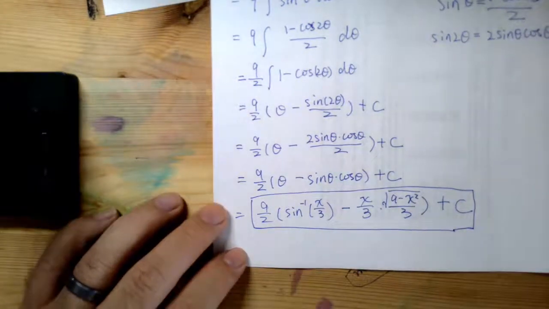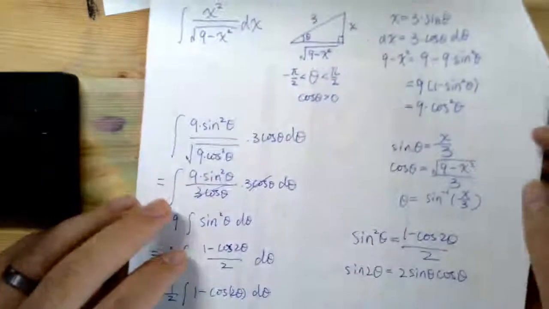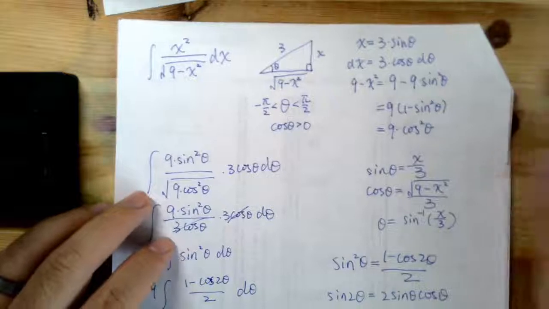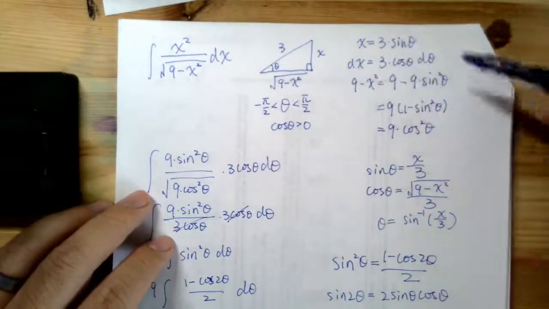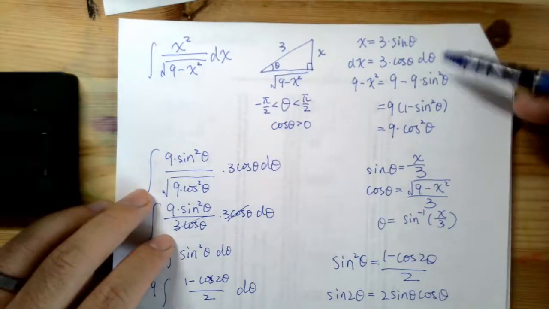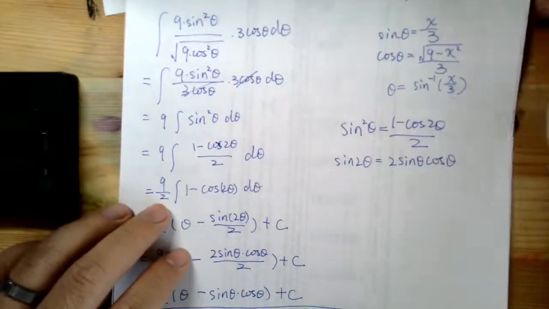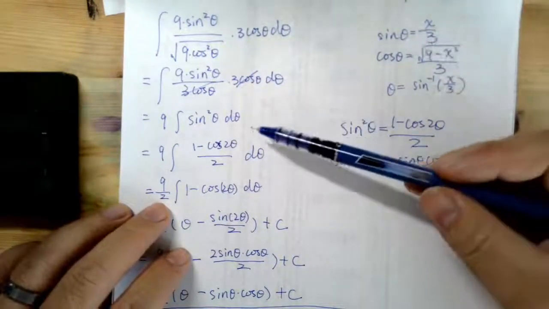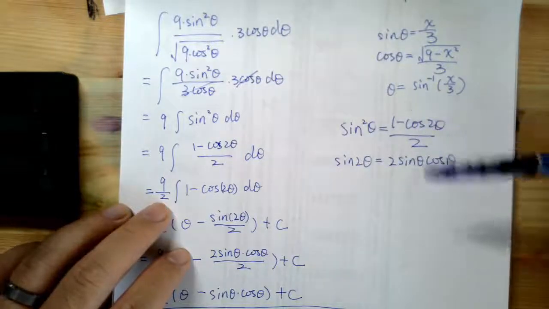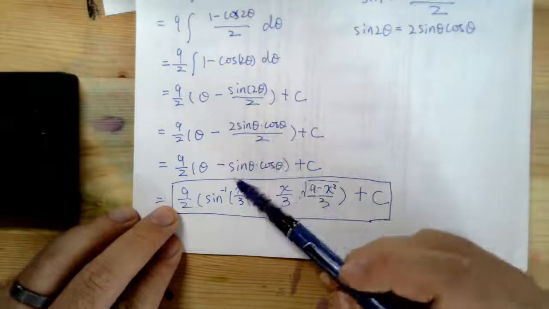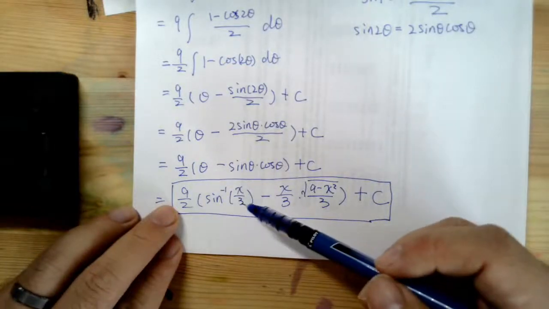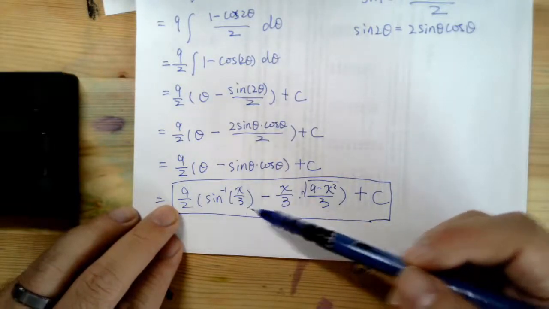Okay. So the key is still to draw the right triangle, make the correct substitution, and then simplify. And at the very end, don't forget to substitute theta back with x.